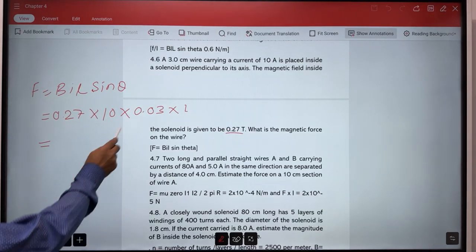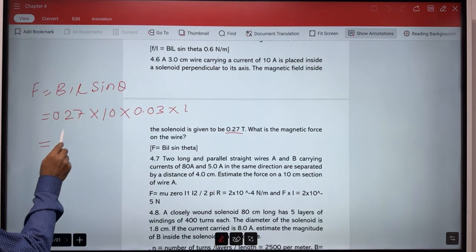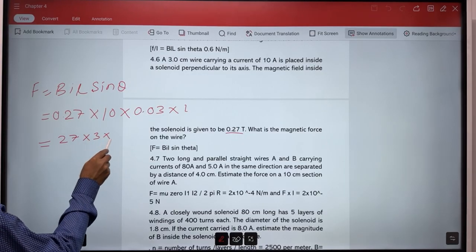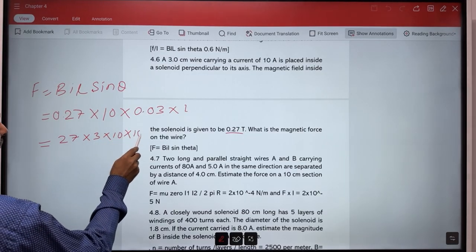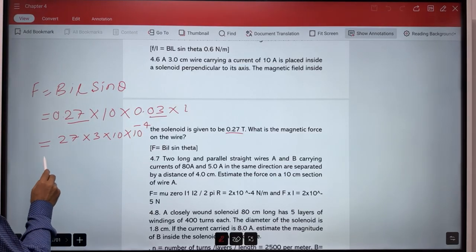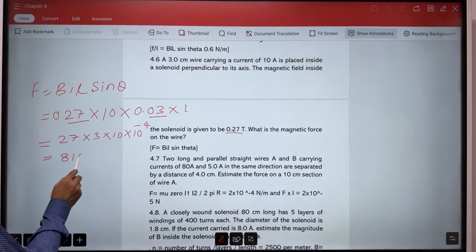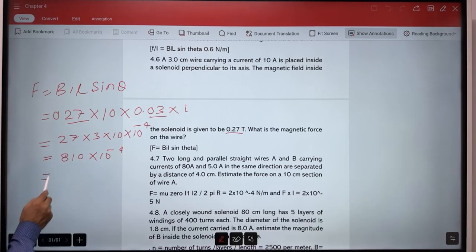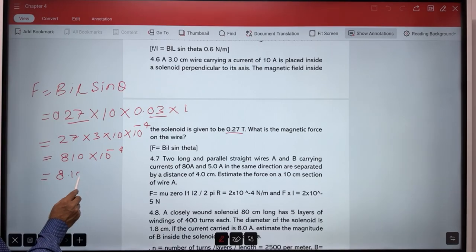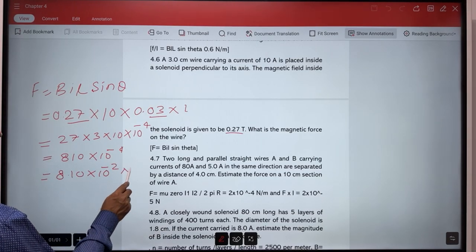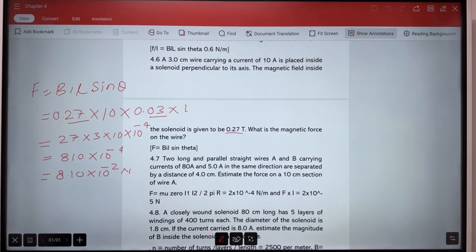So this will become 27 into 3 into 10 into 10 to the power minus 4, right? So this will become 810 times 10 to the power minus 4. So in standard form, 8.1 into 10 to the power minus 2 Newton, right?